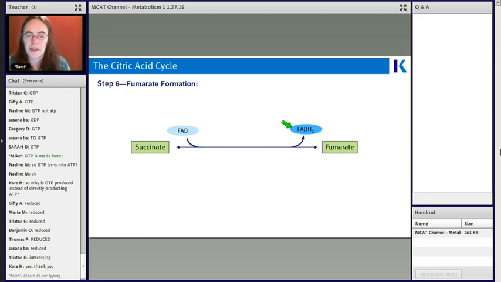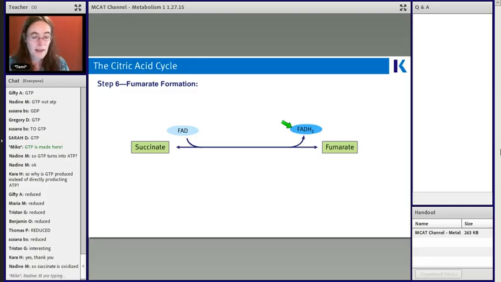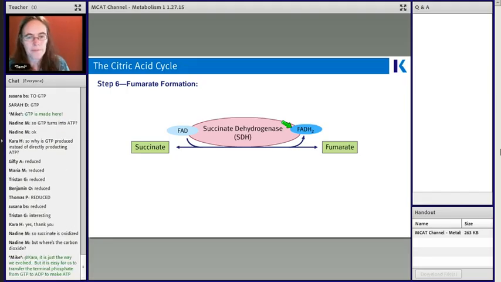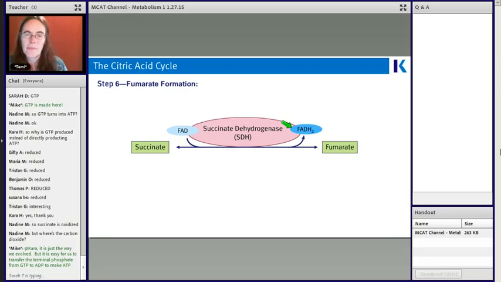Okay, perfect. All right, so succinate, if my FAD is being reduced, my succinate is being oxidized. Now, there's something special about this enzyme. This enzyme is the only enzyme in our citric acid cycle that is actually bound, and this is bound into the inner mitochondrial membrane.